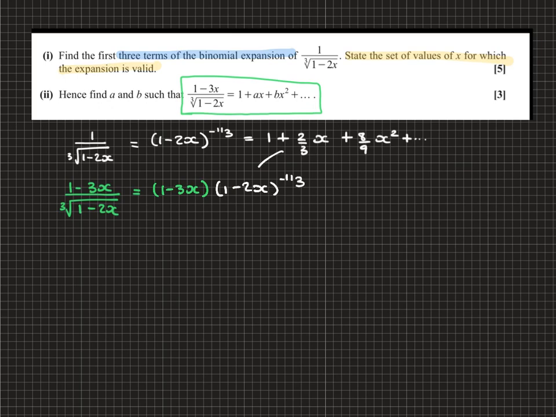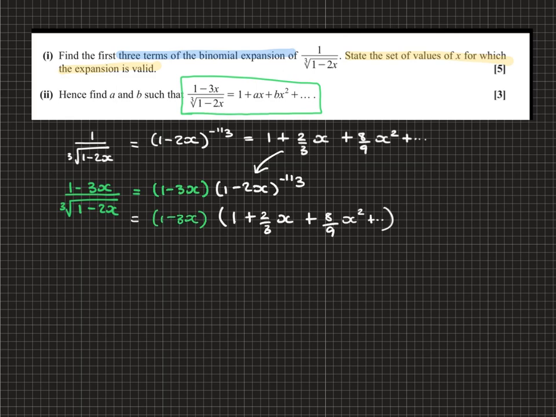And of course, we can then replace our 1 minus 2x to the negative third with these 3 terms that we have found from our expansion. 1 plus 2/3 x plus 8/9 x squared.